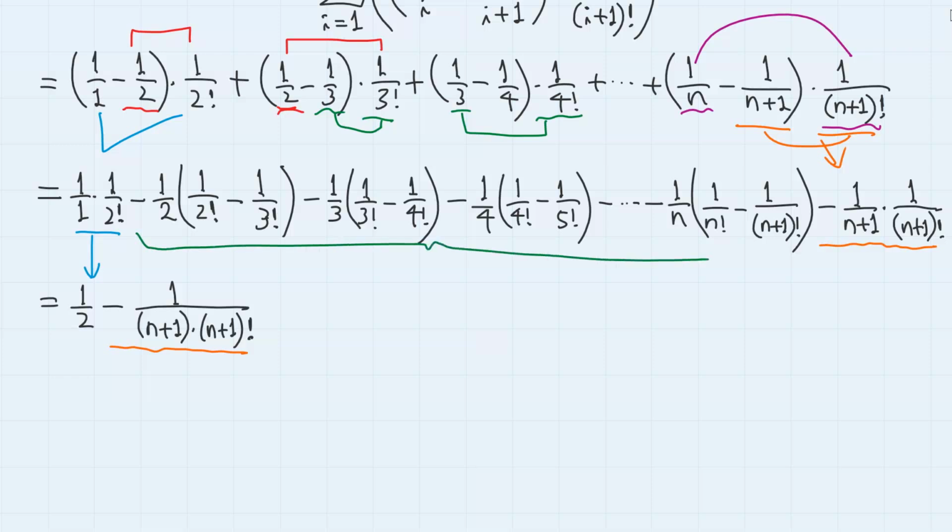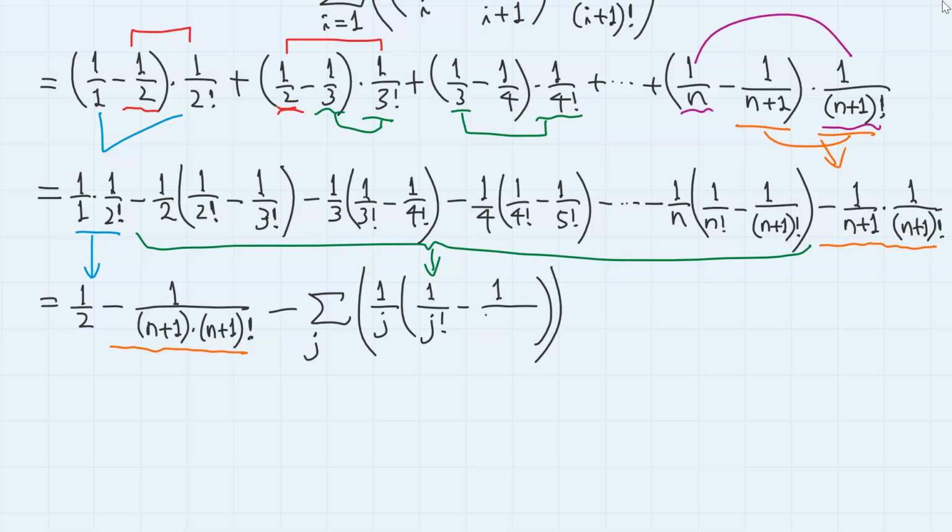And this middle part can be written in sigma notation. Now it's sigma. If we use a different index j, we have 1 over j times 1 over j factorial minus 1 over j plus 1 factorial, and j is from 2 to n.